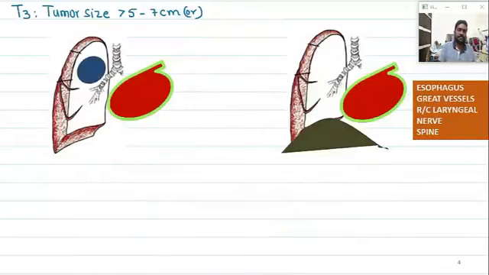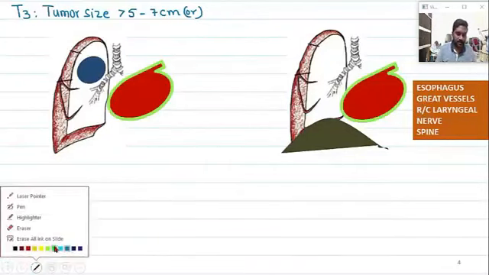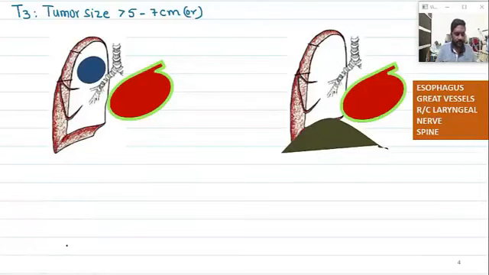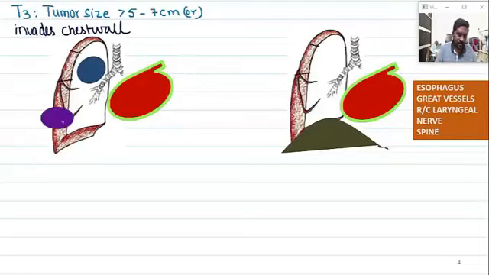Now it is a big tumor, or tumor invading the chest wall. So this tumor is so large. See, these are the ribs. So it has invaded the chest wall.